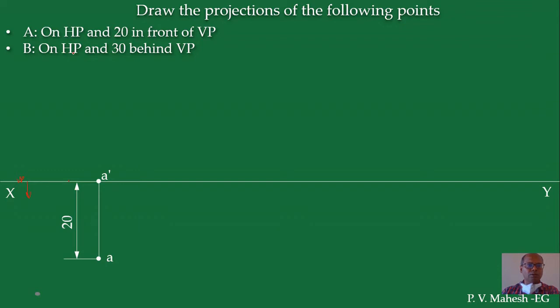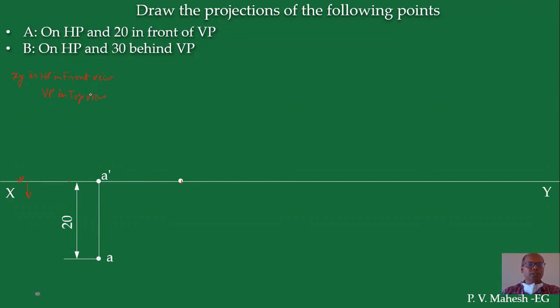Now on horizontal plane. So this is horizontal plane. In front view, this is horizontal plane. This we should not forget: this XY line is HP in front view, and is VP in top view.